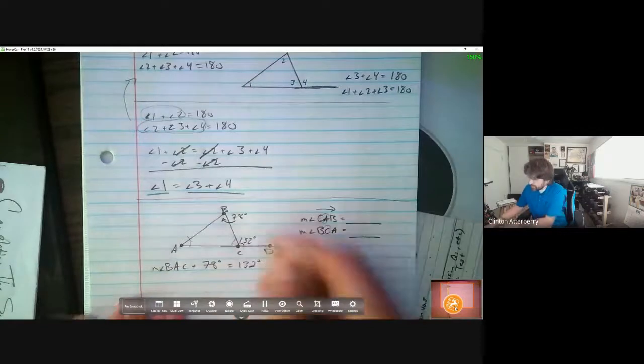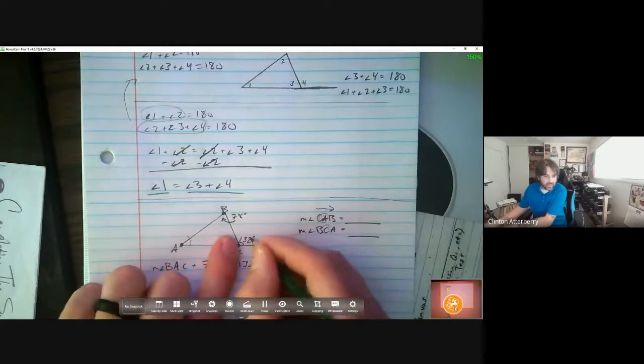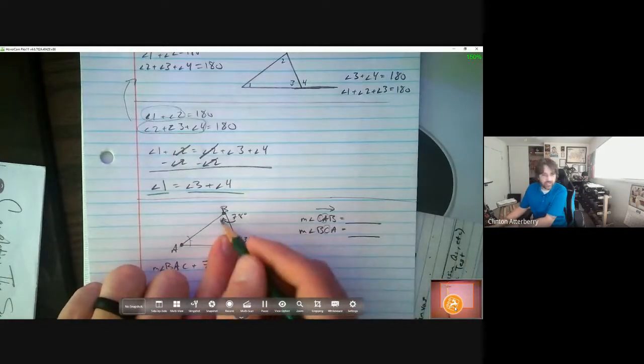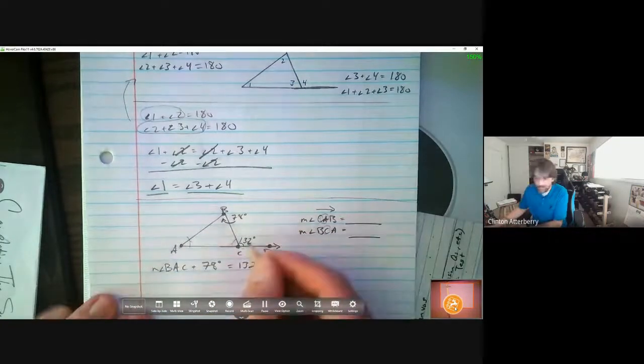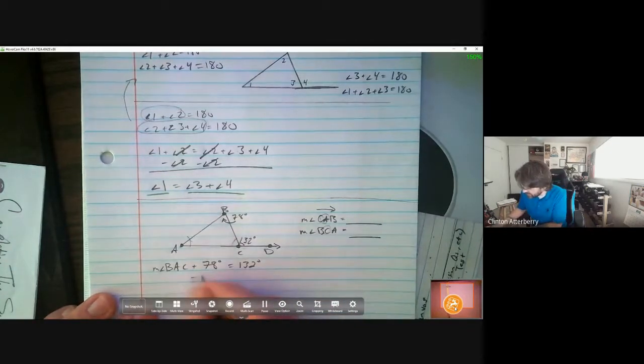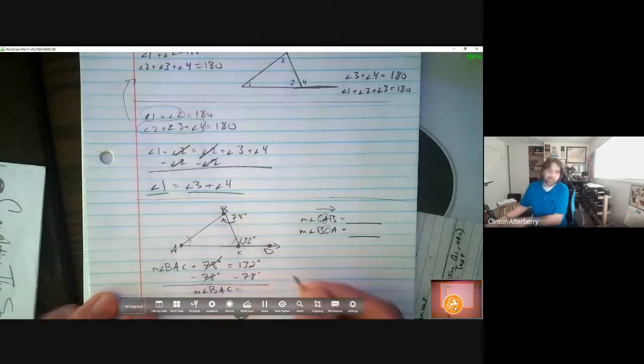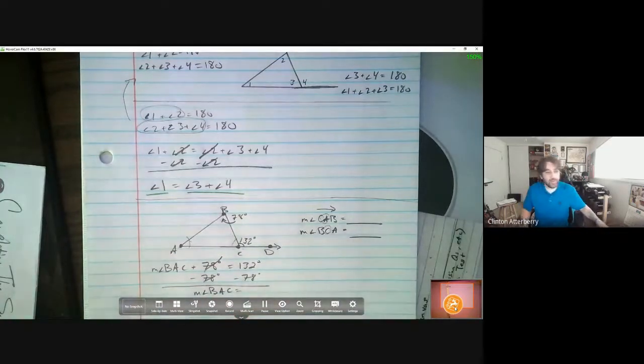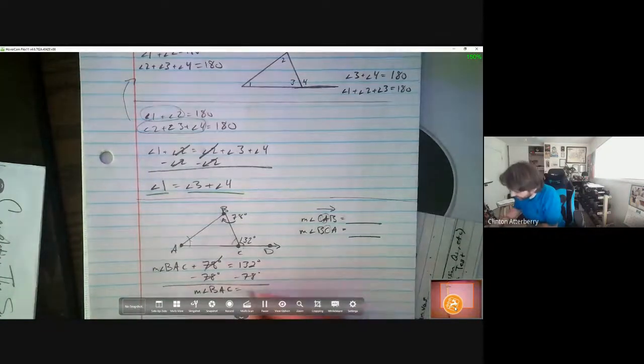Once again, this exterior angle is always going to be equal to what are called the remote interior angles, those two outside guys. If I know two of them, you can always solve for the third one. It's just three pieces. So I'm going to subtract 78 from both sides, and I would get the measure of angle BAC is equal to 132 minus 78. When I do that, it looks like it's going to be what? 54 degrees?